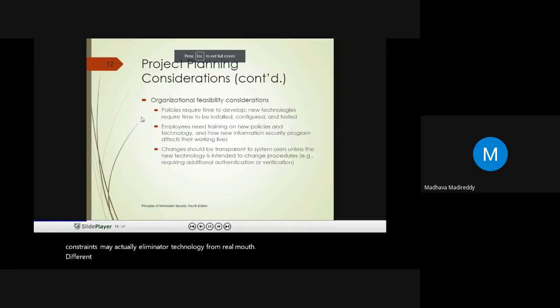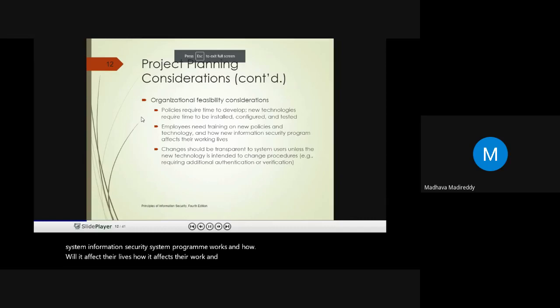The project planning consideration, if you go further, then we can look at organizational feasibility. The policies may require time to develop, and new technologies require time to be installed, configured, and tested. Employees need to be trained completely on the new policies and the programs of the technology, and how the information security system program works, and how it affects their work and understanding.